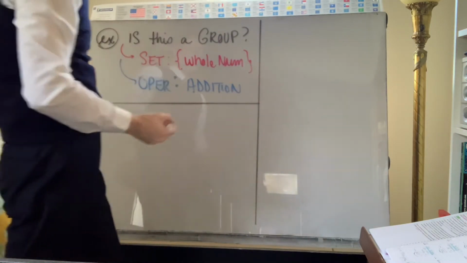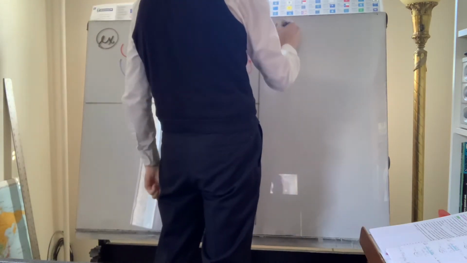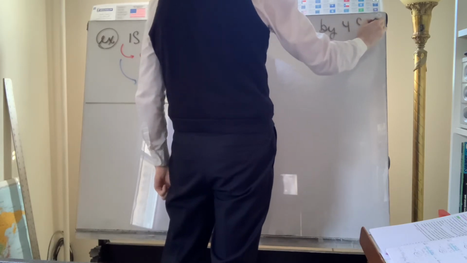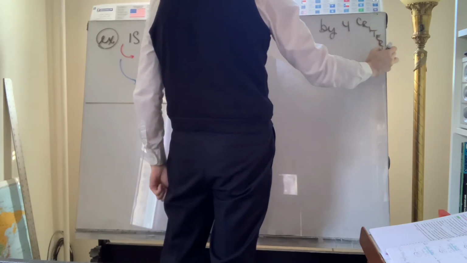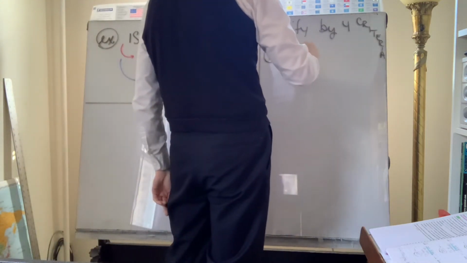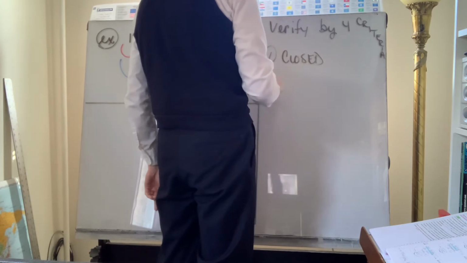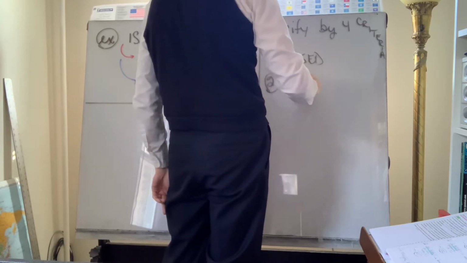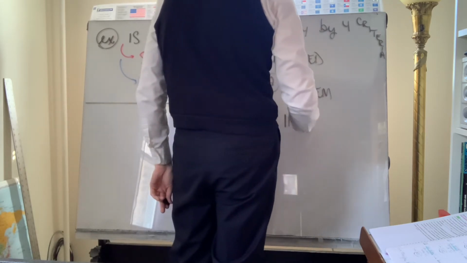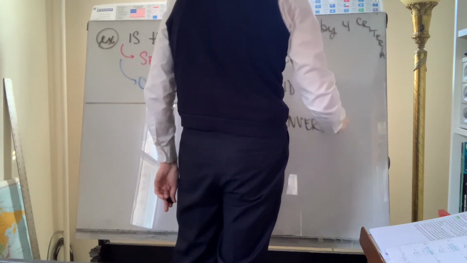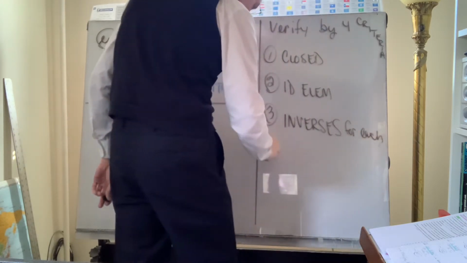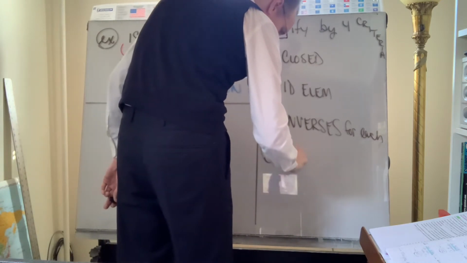We're going to be checking these four criteria. We have to make sure that it's closed. We have to see if there's the appropriate identity element. We have to see that there are inverses for each. And then we have to, in theory, check to see if something is associative.